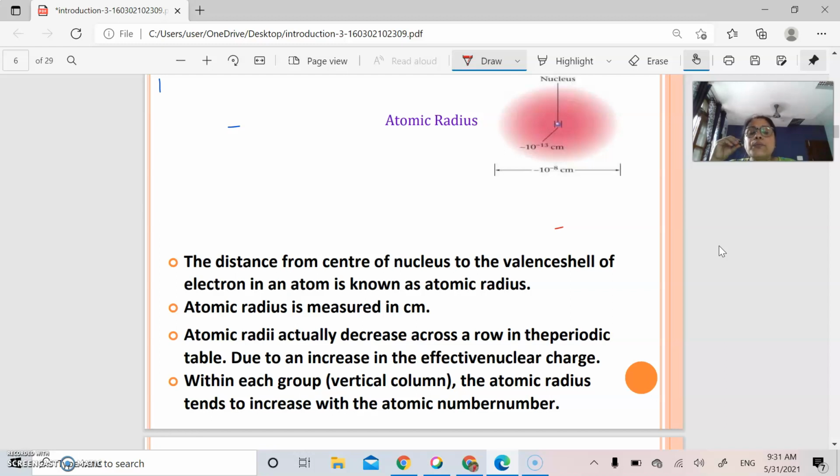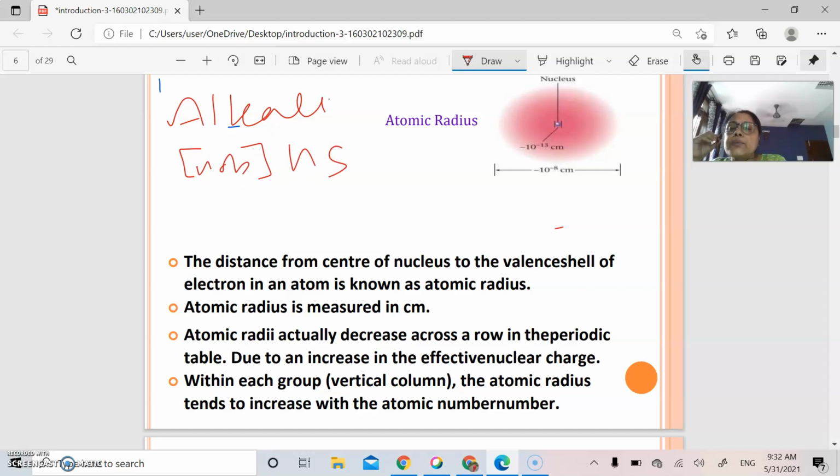Now 4s1 and 4s2, which is for the alkali as well as alkaline earth metal, suggests that the radius will be the same for all the elements, but this is not actually the case. For alkali or for s block elements, the alkali elements will have a noble gas configuration, and then this will be ns1.